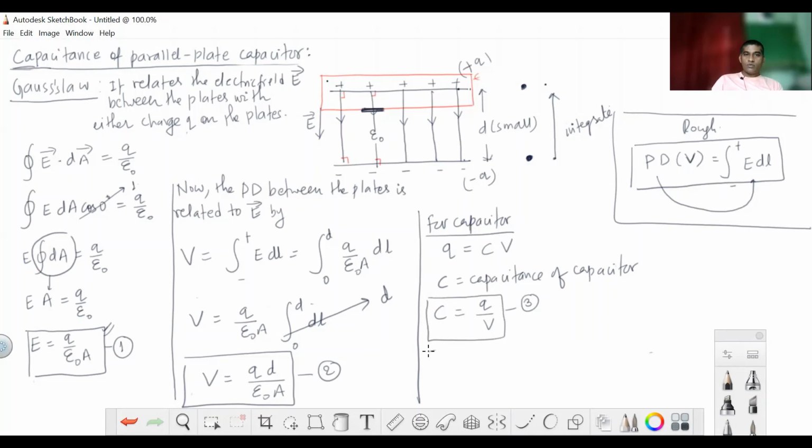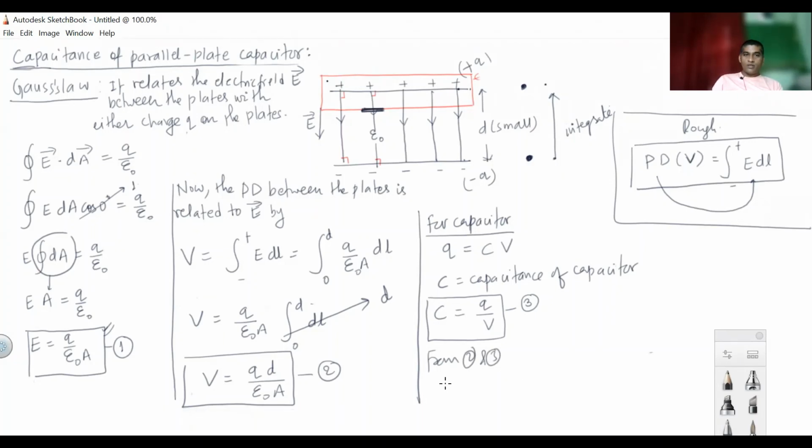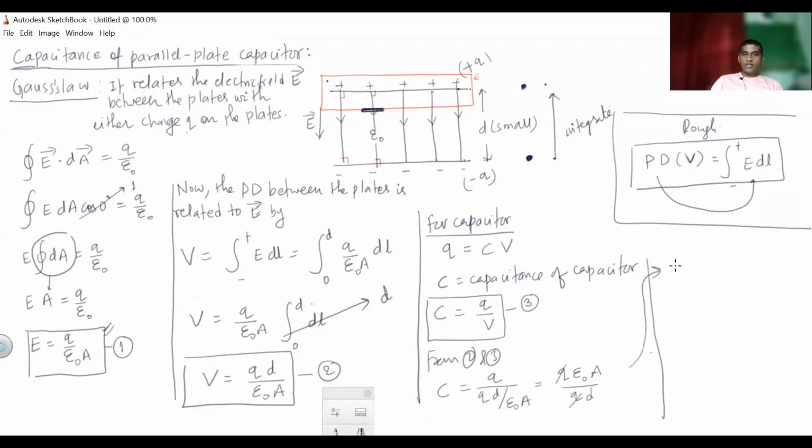Now from 2 and 3, we can write C equals Q divided by V, and V is Q d by epsilon 0 A. So we can write Q epsilon 0 A by Q d. The Q's cancel. So finally, we can write the capacitance C equals epsilon 0 A by d.